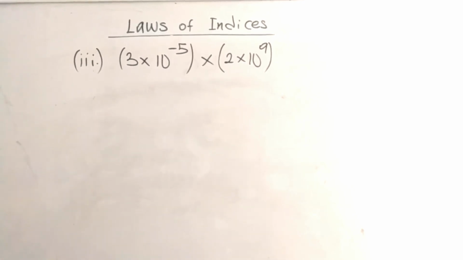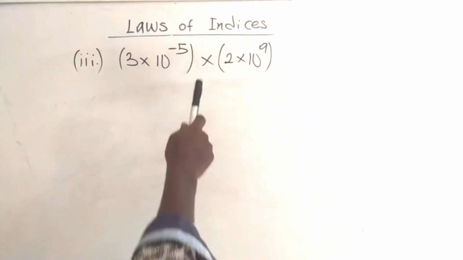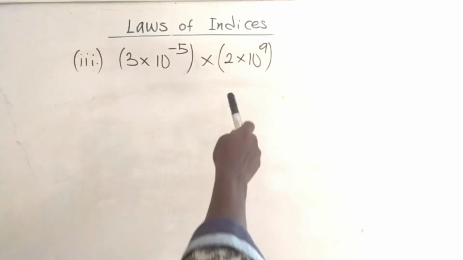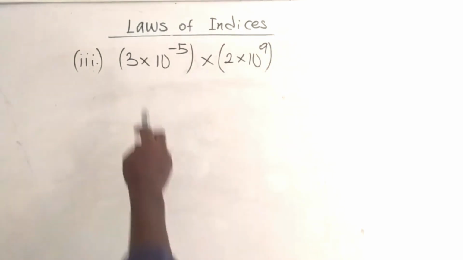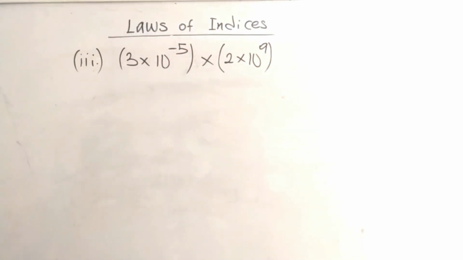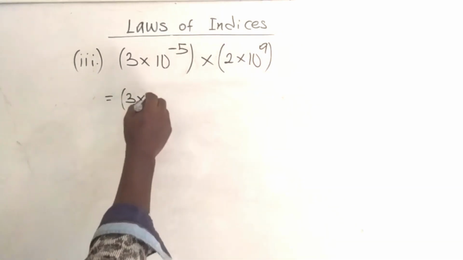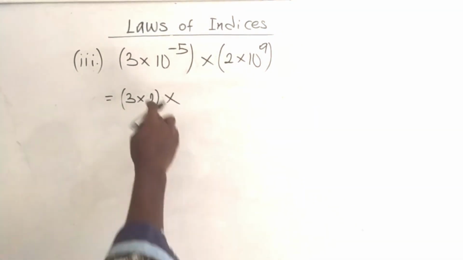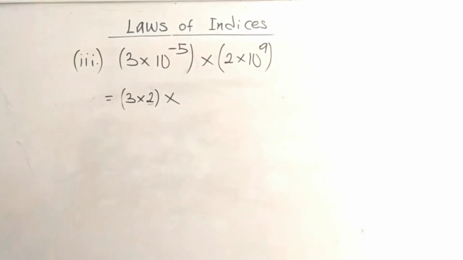Given 3 multiplied by 10 raised to power minus 5 times 2 multiplied by 10 raised to power 9. Start by multiplying 3 by 2 in a separate bracket. Then take the common base 10.